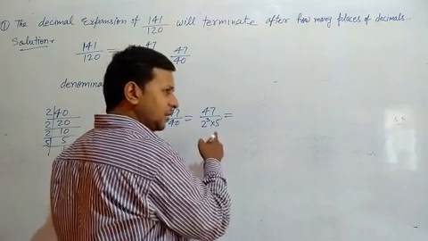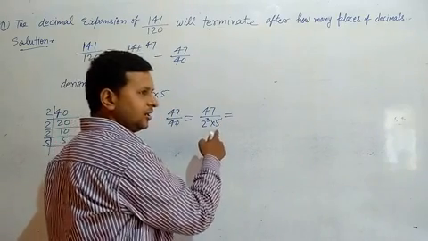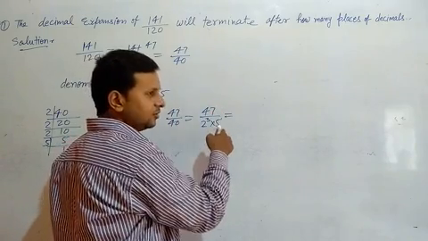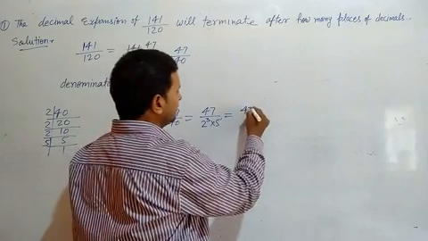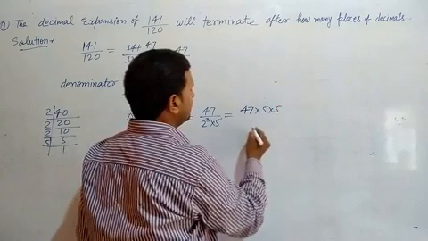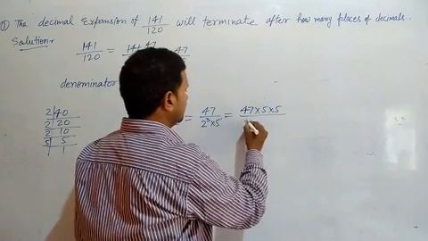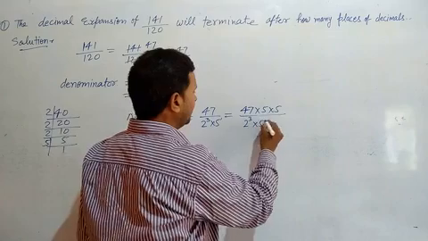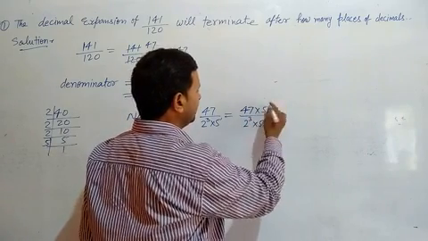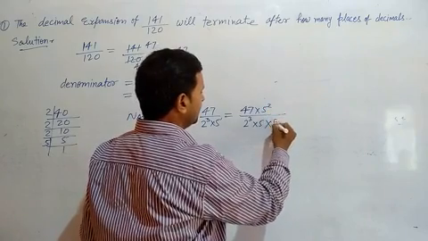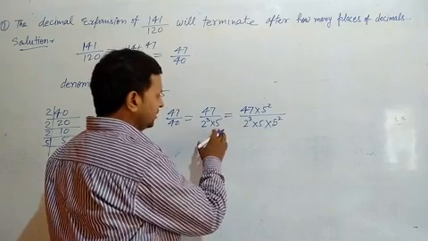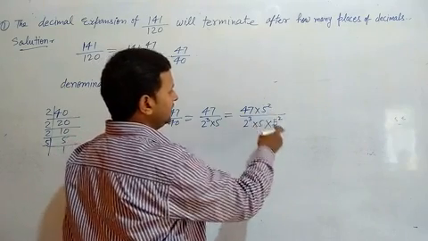So we have to multiply by 2 times 5, which means 5 squared, 25. We have to multiply in the numerator also. It is the rule. So 47 into 5 into 5 upon 2 cubed into 5, and 2 times 5 means 5 squared. Why do we multiply this way?